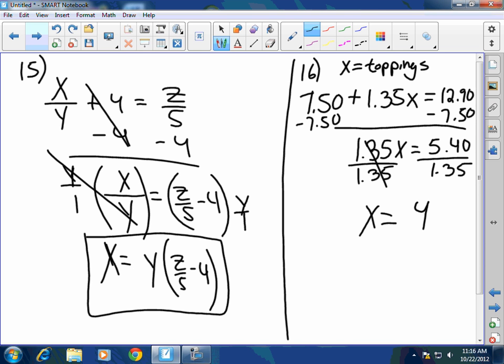How do I know that? Because I divided 1.35 into 5.40. Move the decimal 2 places to the right, 2 places to the right, bring it up. That goes in exactly 4 times. So 4 toppings is the answer.